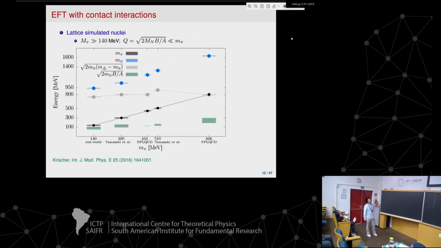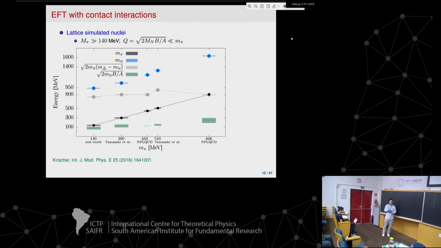And for this pionless effective field theory, normally our understanding is that it can only work with very light nuclei. But actually, recently people found it has another application area, which is lattice-simulated nuclei. Because in lattice QCD calculations, with limited computational resources, the calculation is normally done at a finite lattice spacing, right?